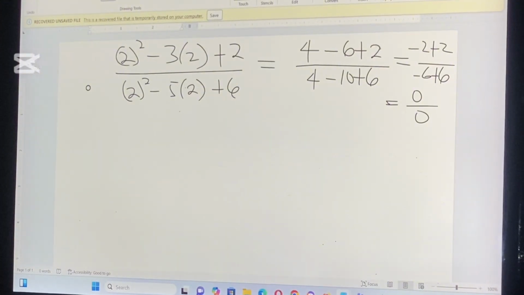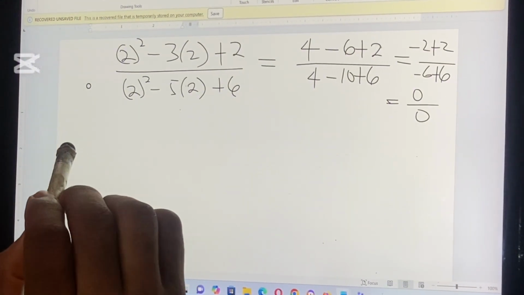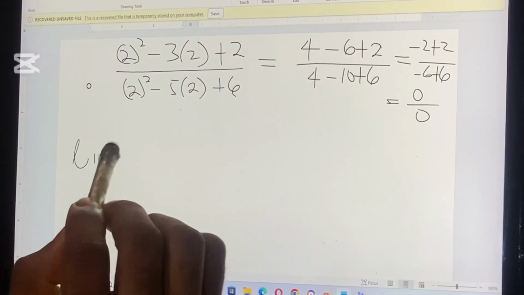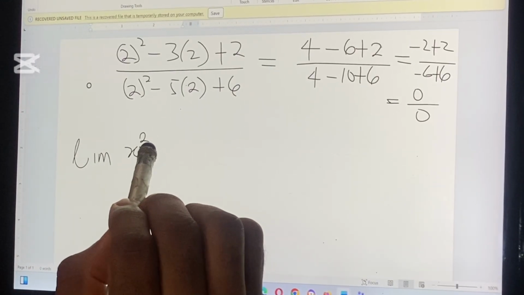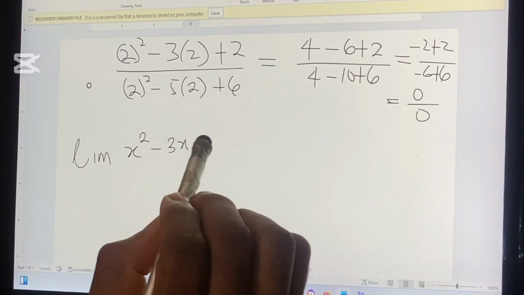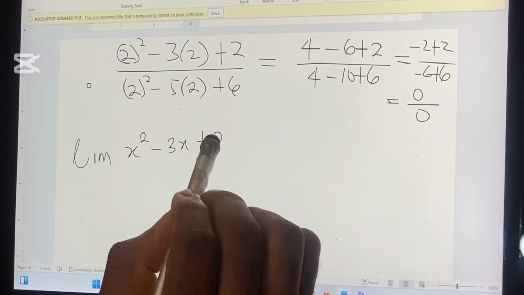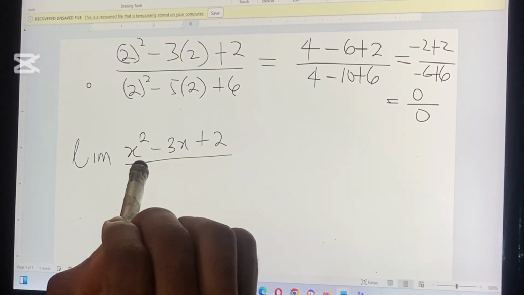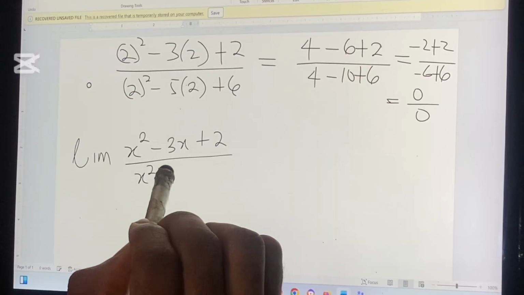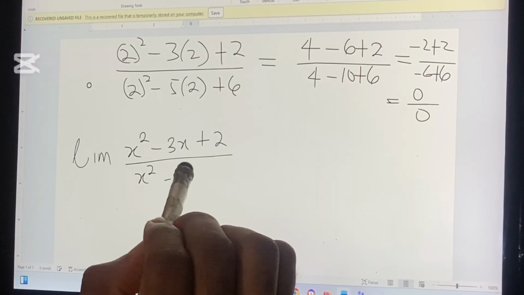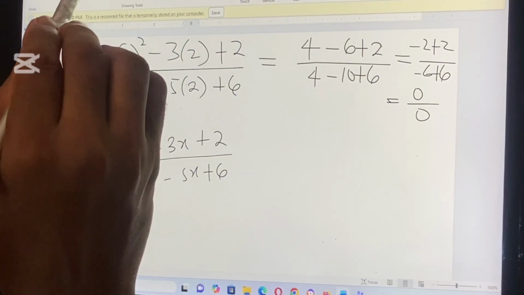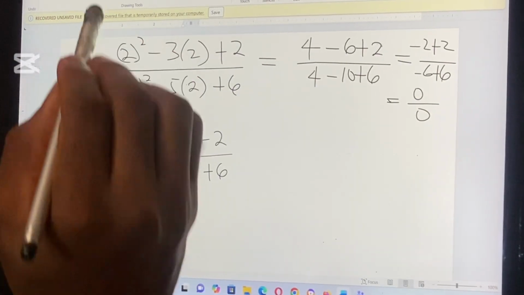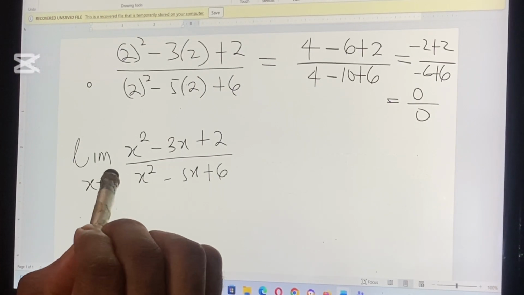To solve this question, I have to factorize this limit. That is the limit of s squared minus 3s plus 2 over s squared minus 5s plus 6 as s tends to 2.